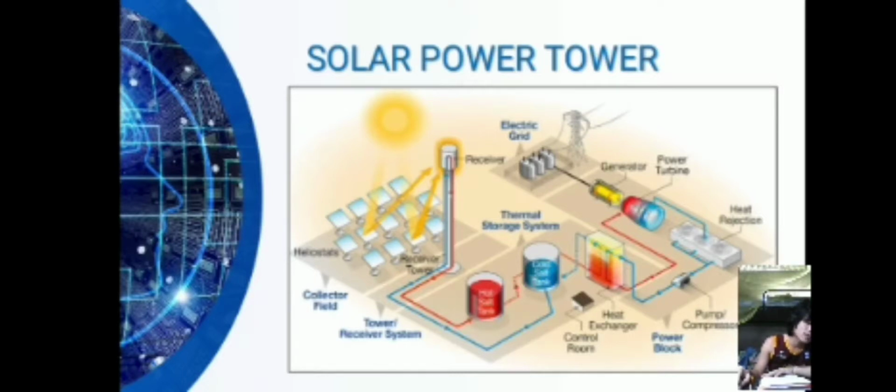Wherein that receiver is in a tower, on the top of the tower, na merong heat transfer fluid. So, yung heat transfer fluid na yun can take the heat of 600 degrees Celsius. So, yung HTF na yun runs through pipe again, then go to hot salt tank.